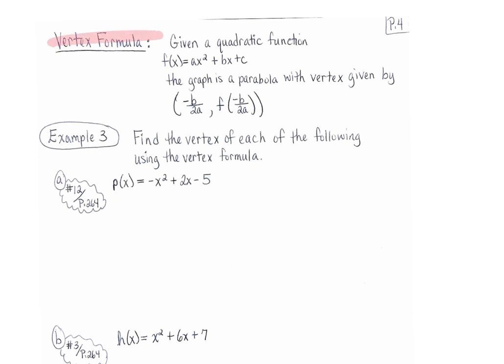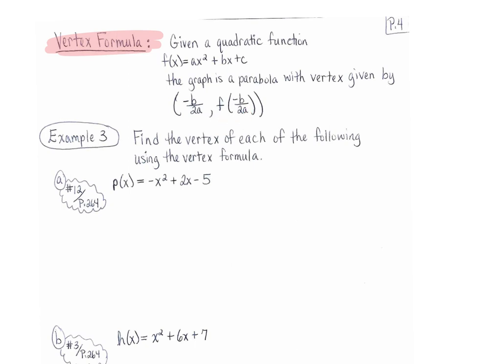Star it, flag it. You need to know this. Okay, vertex formula. Given a quadratic function, f of x equals ax squared plus bx plus c, the graph is a parabola with vertex given by negative b over 2a, comma, f of negative b over 2a.